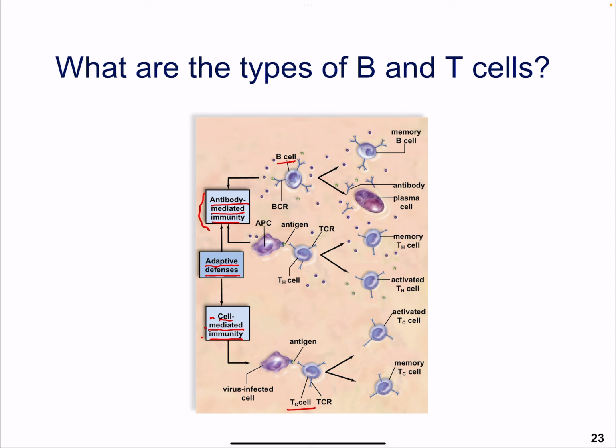Now, let's take a look at these two types of adaptive defense one by one. In the first one, let's stop on the B cells. B cells have on their surface some markers that are called B cell receptors. These B cell receptors are going to recognize free-floating antigens. This is an antigen that is floating in our body, so they're going to recognize that antigen, right?